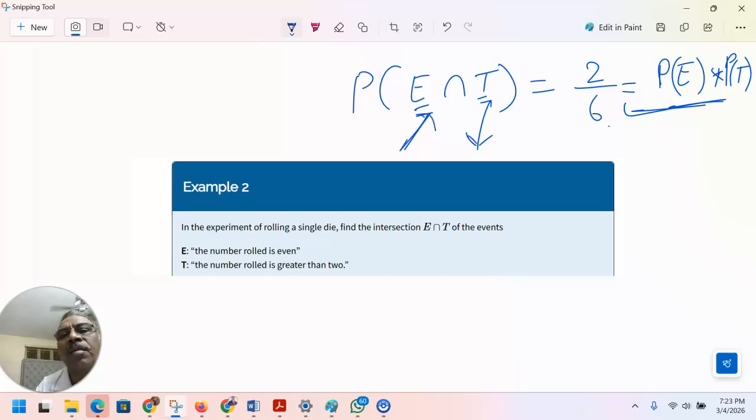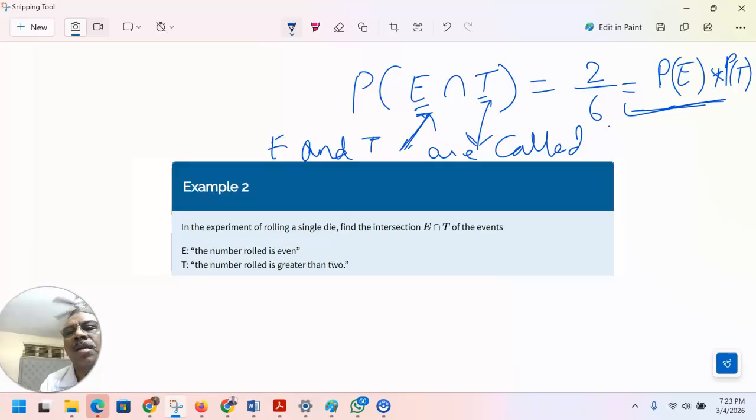These two are the same because E and T are called independent events.